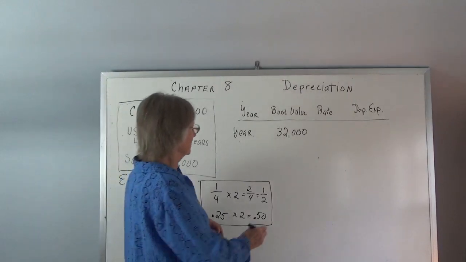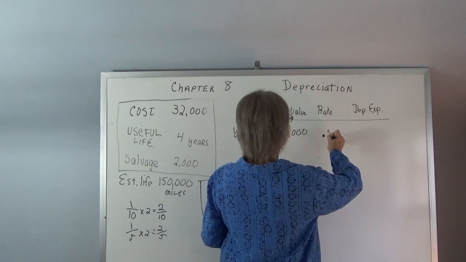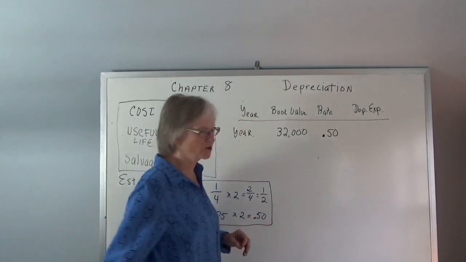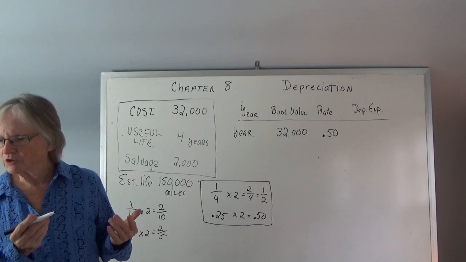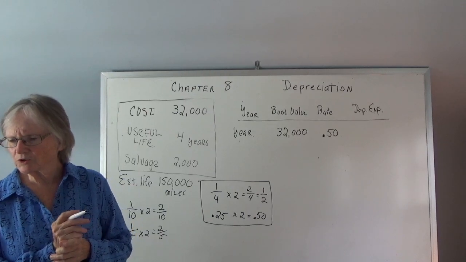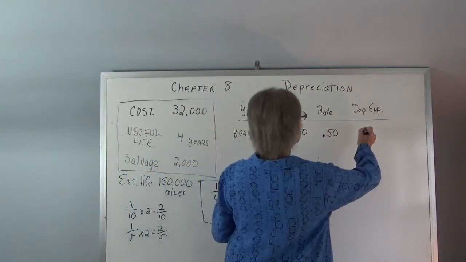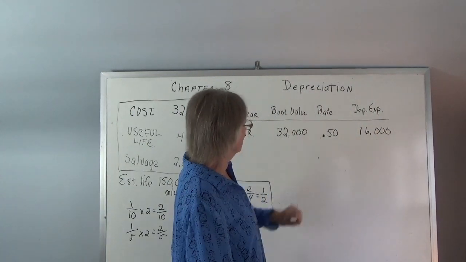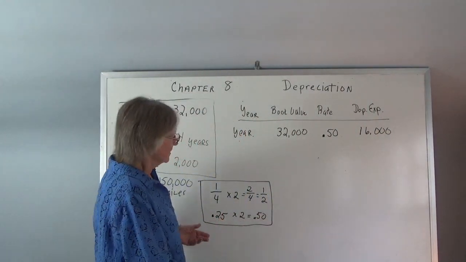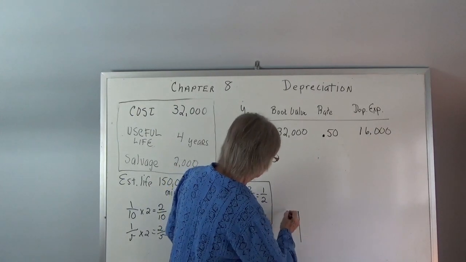Okay, so now we just go the current book value times 50%, double declining rate, gives us depreciation expense for the first year of 16,000. Okay, that's 32 times 0.5. Okay, so now if we go back to our, here's our truck.